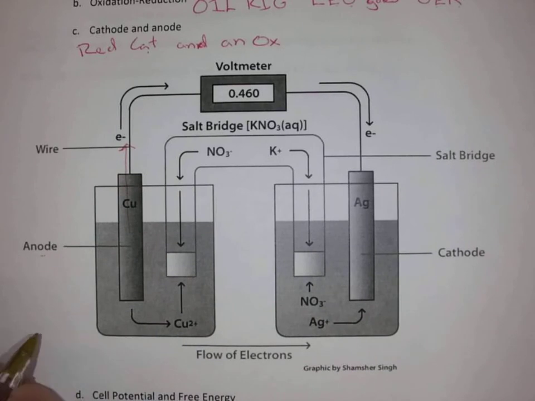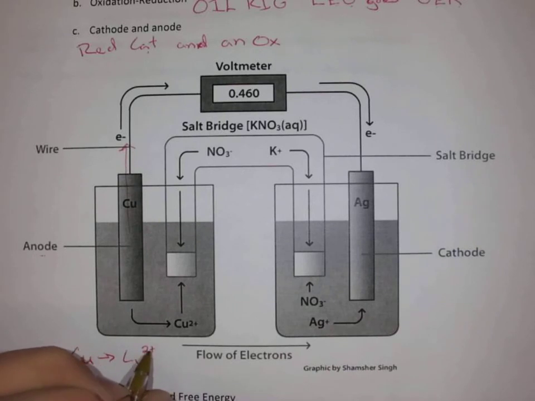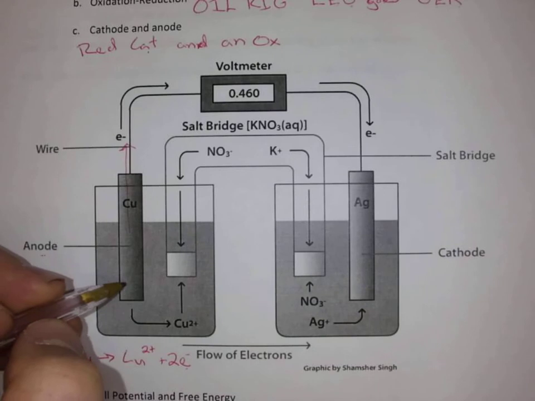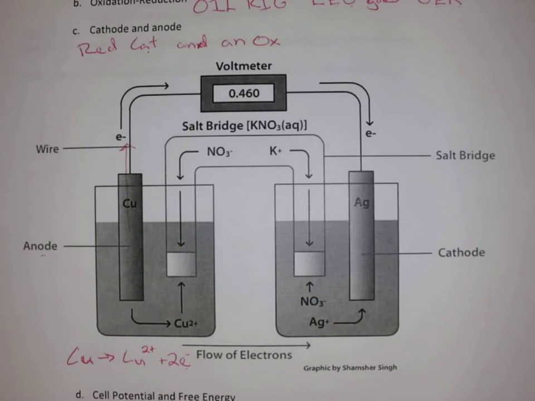Our copper starts as Cu(s), going to Cu2+ and 2 electrons. Those 2 electrons travel up the wire. Our copper then is going to become Cu2+ and go into the solution. We are going to lose mass of this anode, okay? So we're going to have Cu2+ going into the solution. This is our anode, and it is going to be the oxidation reaction.